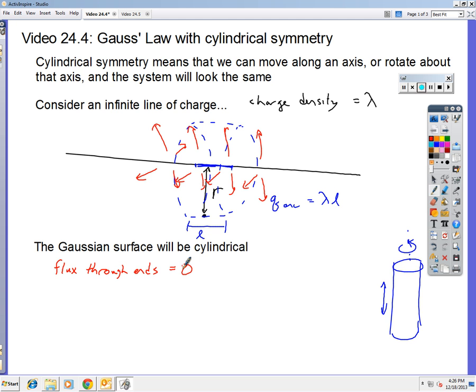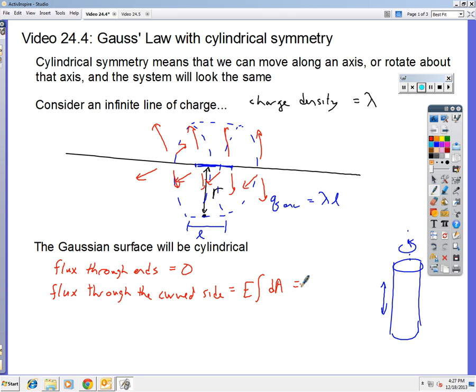Also, because there's cylindrical symmetry, the field is the same at all points on the curved edge of the cylinder, so the flux through the curved side is just equal to E integral dA, where E is the magnitude of the field, and integral dA is the area of the curved part of the cylinder.